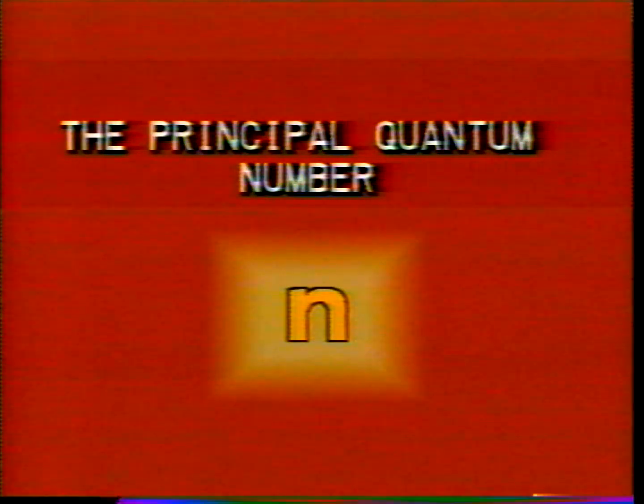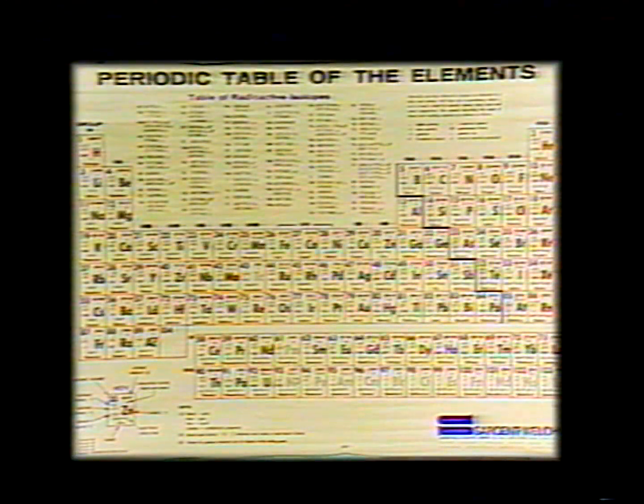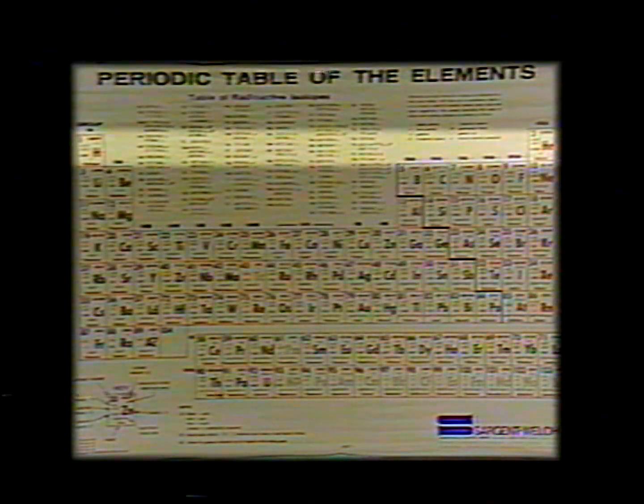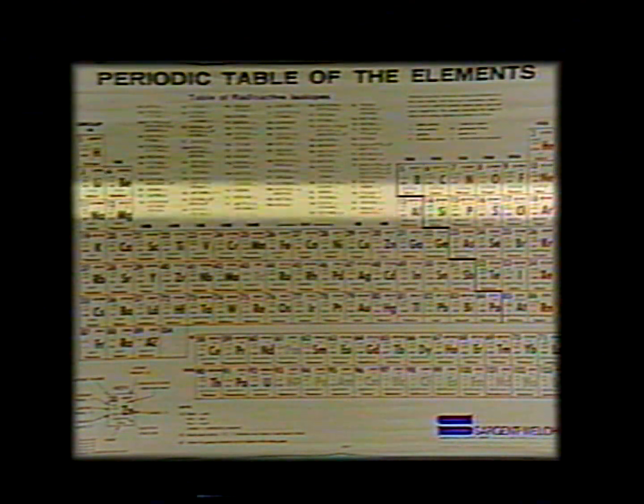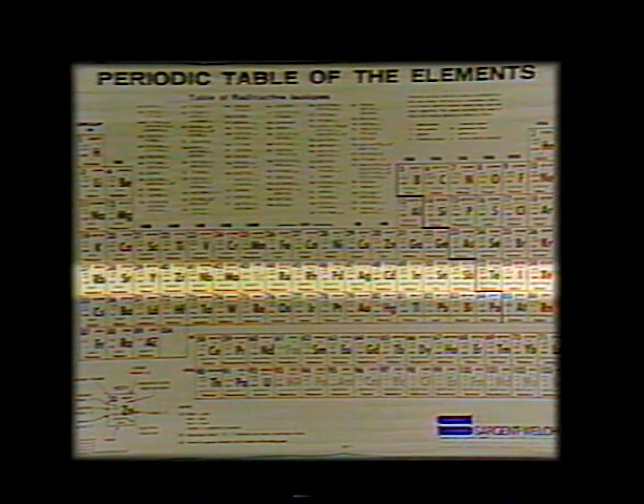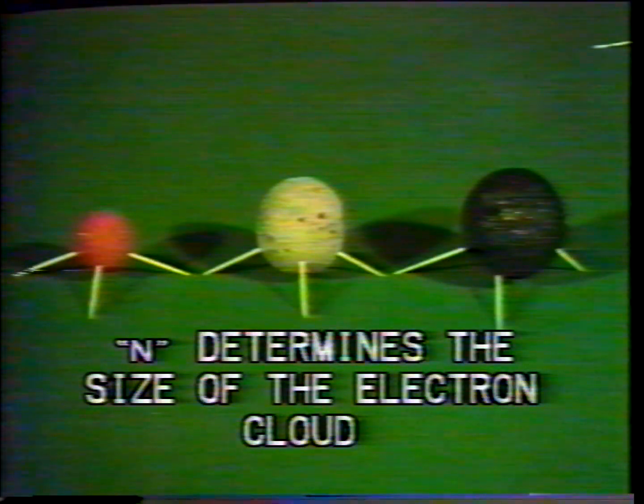N is the principal quantum number. The limits of N are 1 through infinity. However, for practical purposes, it is 1 through 7, which corresponds to the 7 rows on the periodic table. The N quantum number determines the size of the electron cloud.